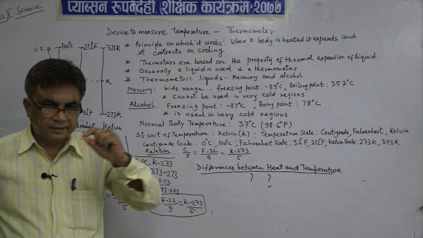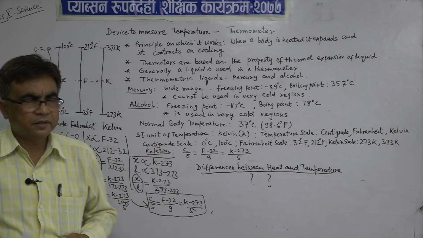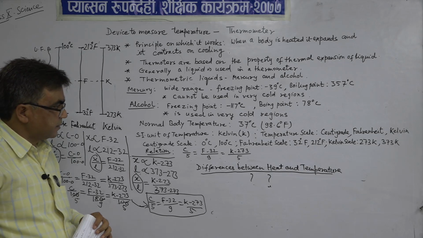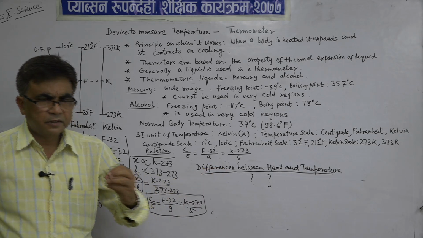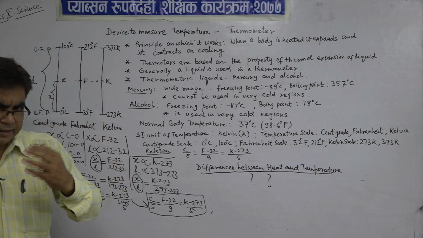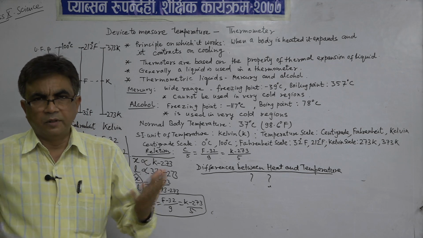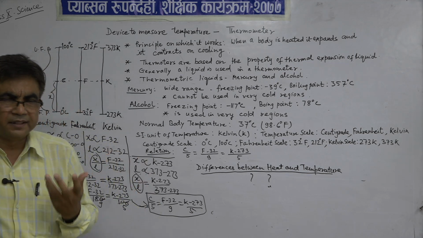First you write the definition, then you write their SI unit. That will be your differences. For example, heat and temperature. Number 1, heat is a form of energy which gives the sensation of hotness or coldness of a body. That is the simple definition of heat.